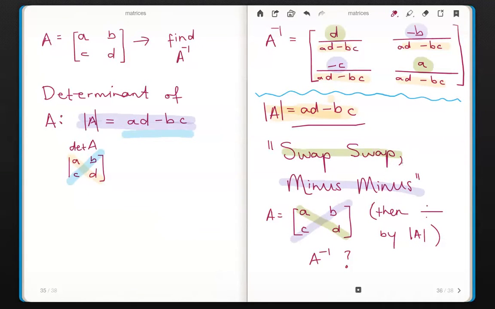So that is how we find the inverse of a matrix. What I want you to do now is write down A to the minus 1, multiply A, B, C, D by it, and also multiply A by A to the minus 1, and see what you get. What are we supposed to get? Do you remember?